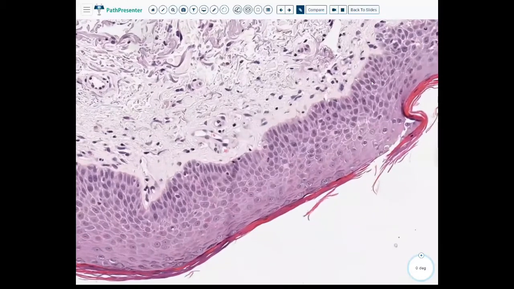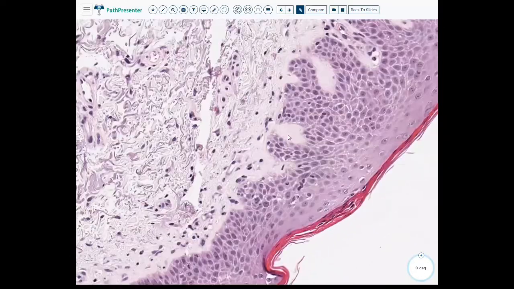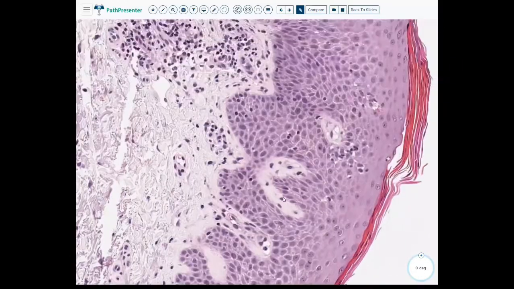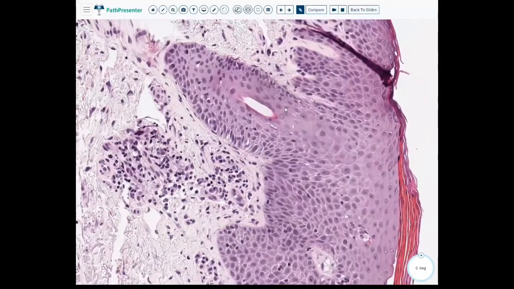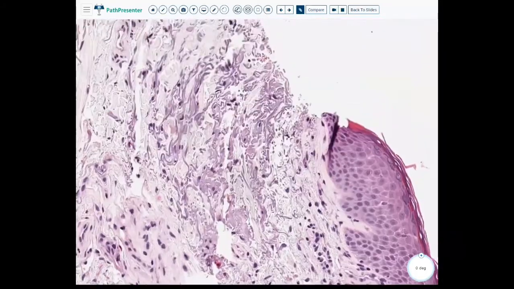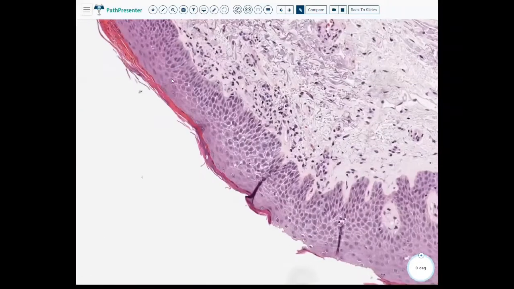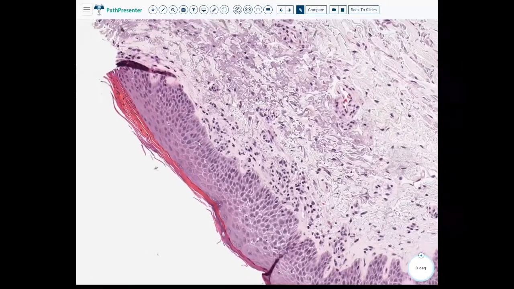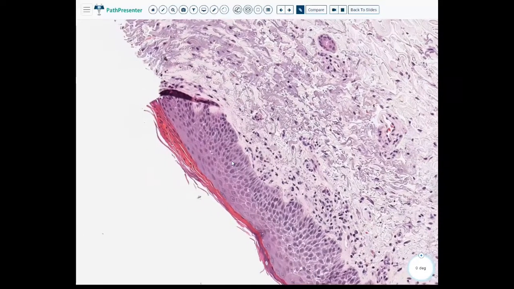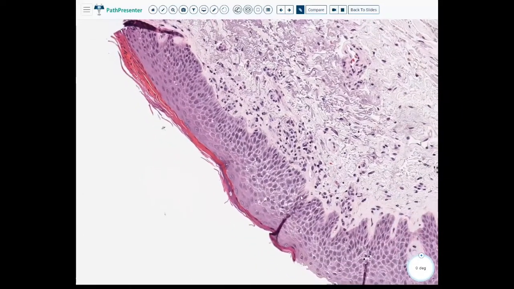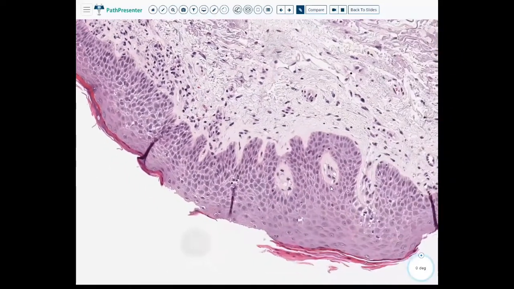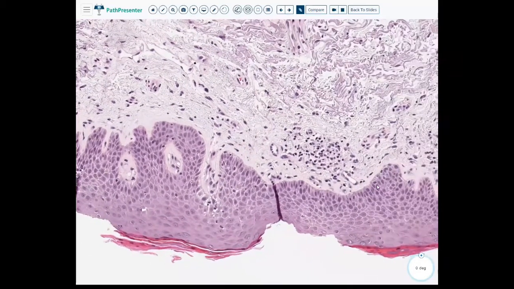Do we have any extravasation? Let's try the other piece. Sometimes the piece that looks more interesting at low power is actually not the interesting piece at high power. So again, we start seeing the parakeratosis.